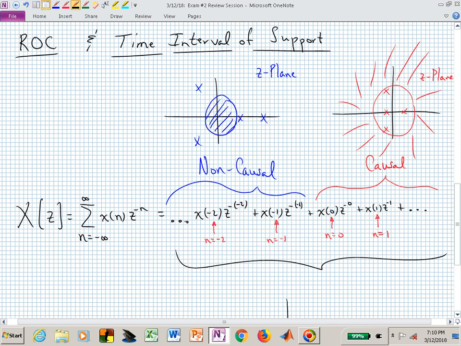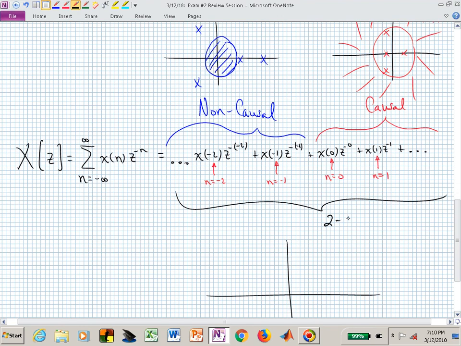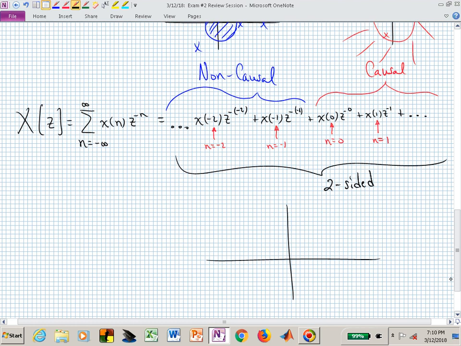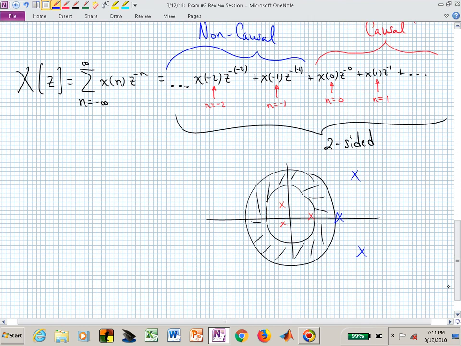Which means that I might have some poles outside of my region of convergence, and I might have some poles inside my region of convergence. I now have this donut or annular for the two-sided. So with the two-sided, I now have this annular region for my region of convergence.